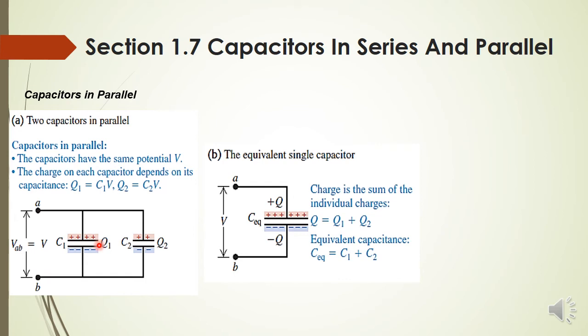Hence, in a parallel connection, the potential difference for all individual capacitors is the same. That means the voltage difference in here is the same as the voltage difference in here, and also the same for this voltage. Or V total is just equal to V1, V2, V3, and so on.